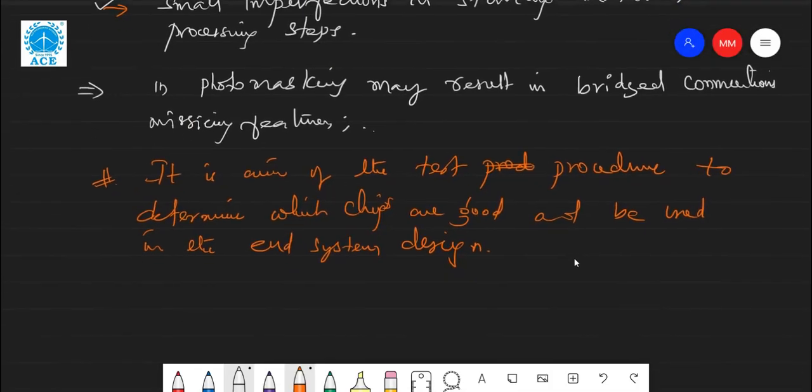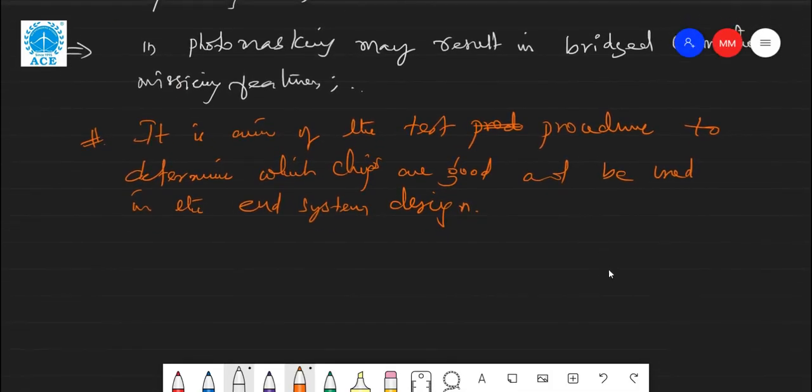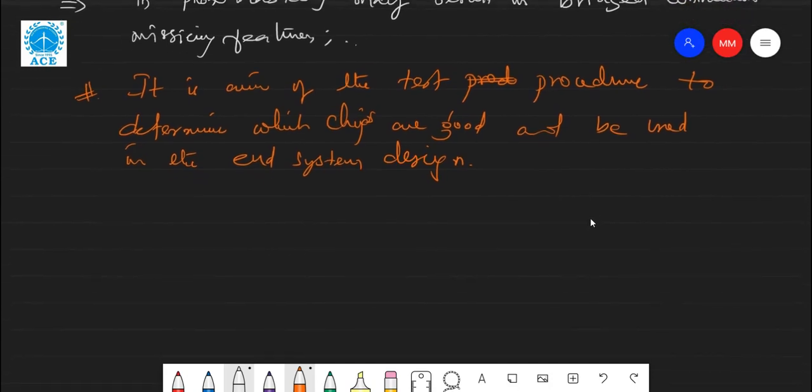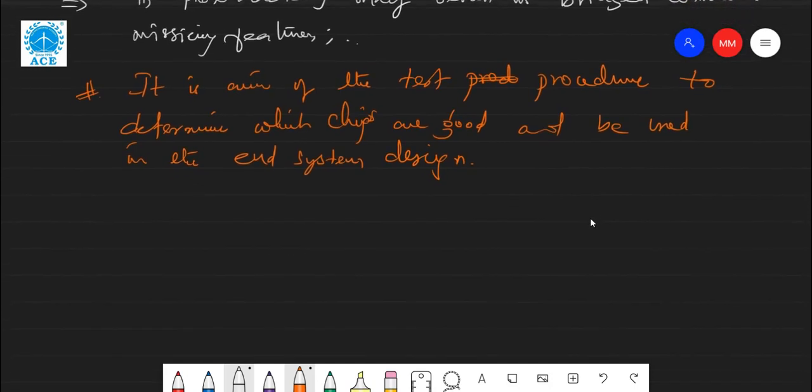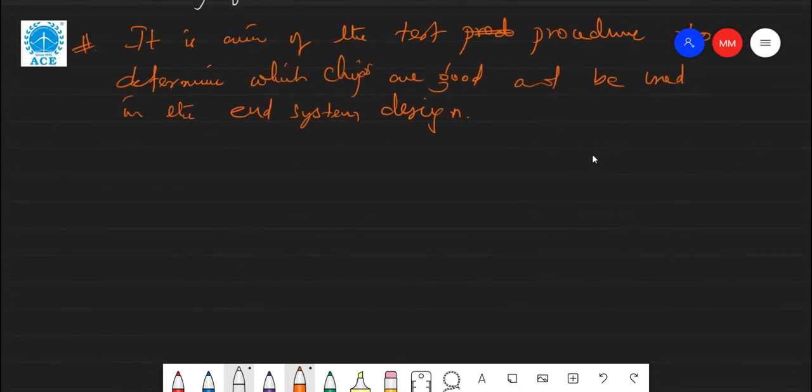A fault in a design may occur in the fabrication process at various levels actually. Let us see, testing of a chip can occur at various levels.